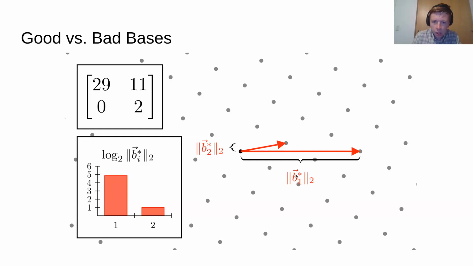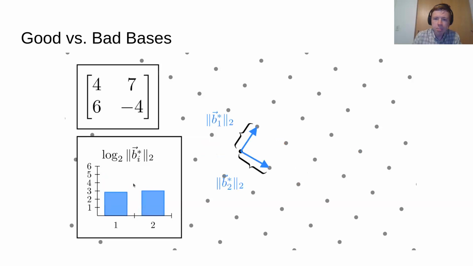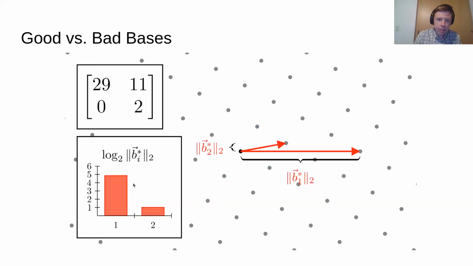We can take these two orthogonal vectors and plot their lengths, or more specifically, their log lengths. We can see that B1 star has a significantly longer length than B2 star, that second orthogonal component. So that gives us this large decrease when looking at the log lengths.